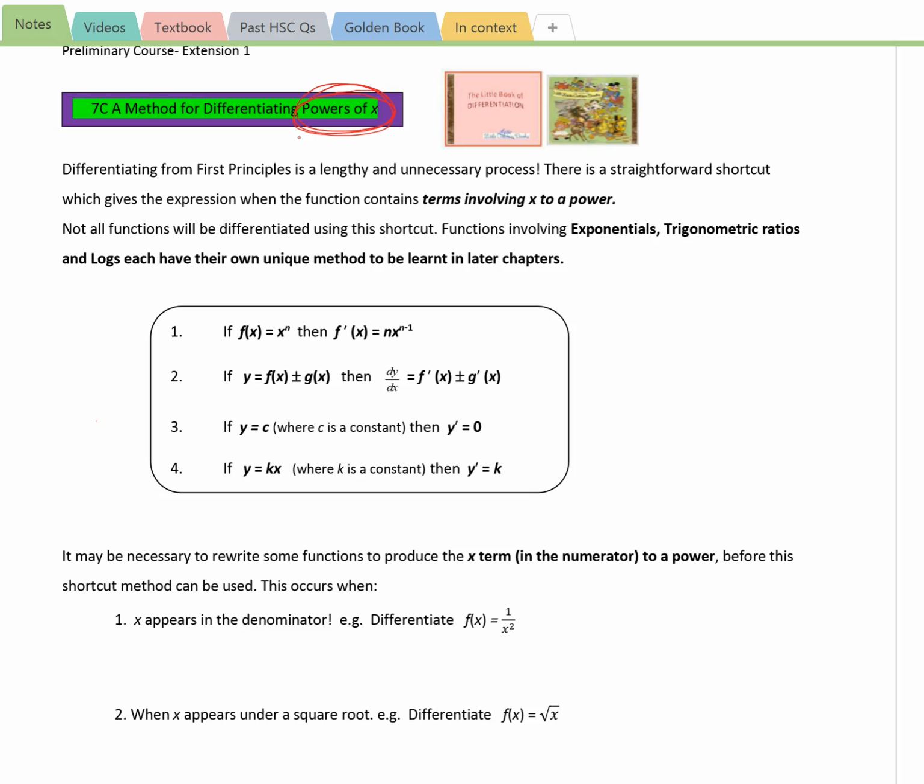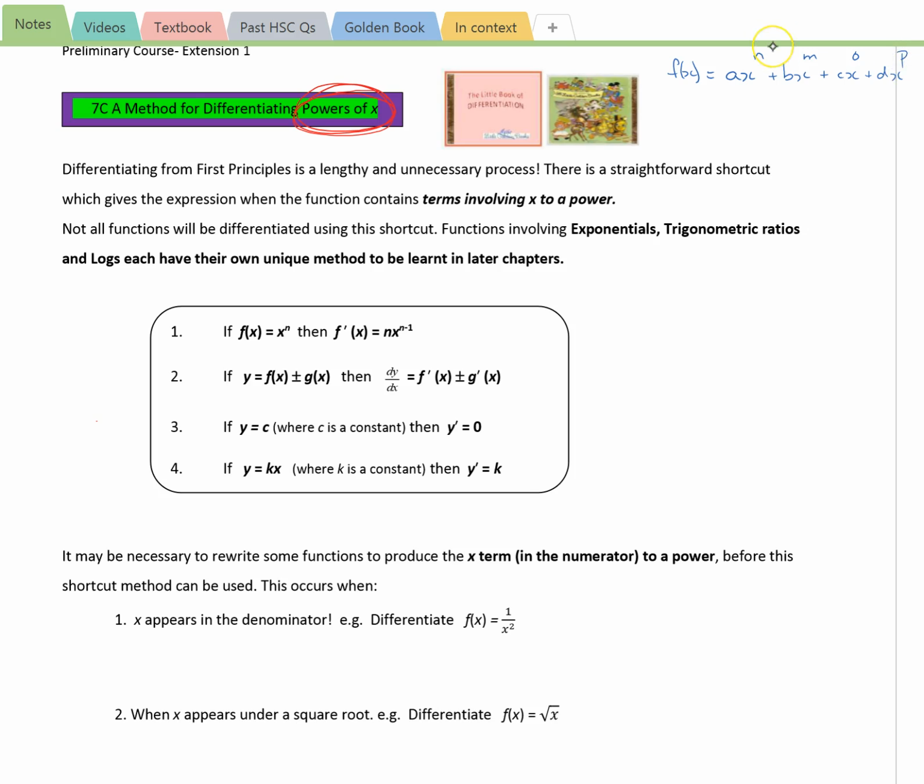Now, there's a whole chapter that we do a little bit later, where we officially define an expression or a function. For example, a function that has ax to the n plus bx to the m plus cx to the o plus dx to the p.